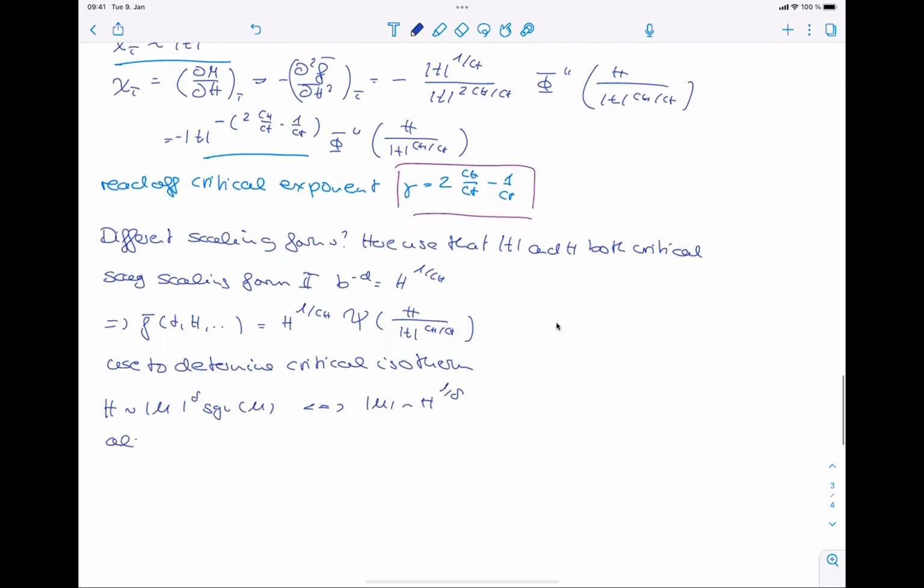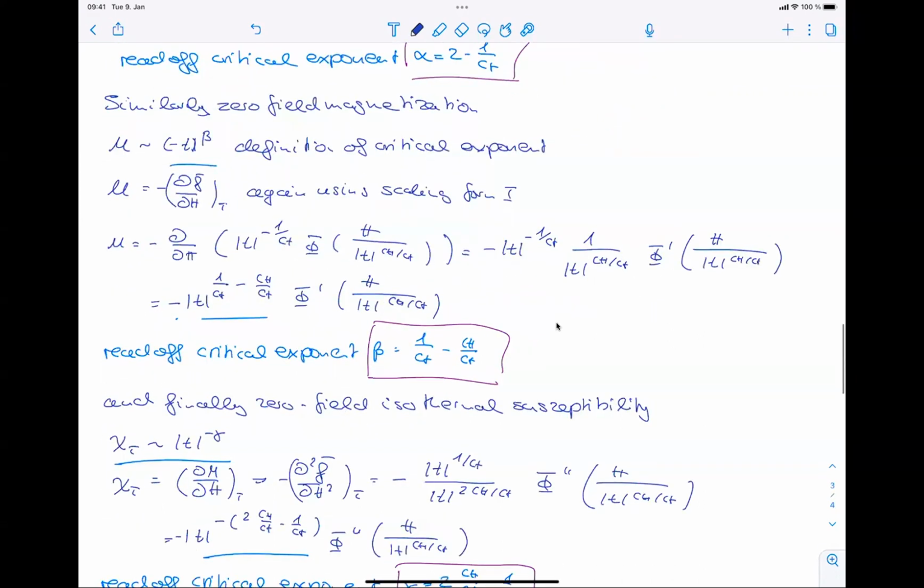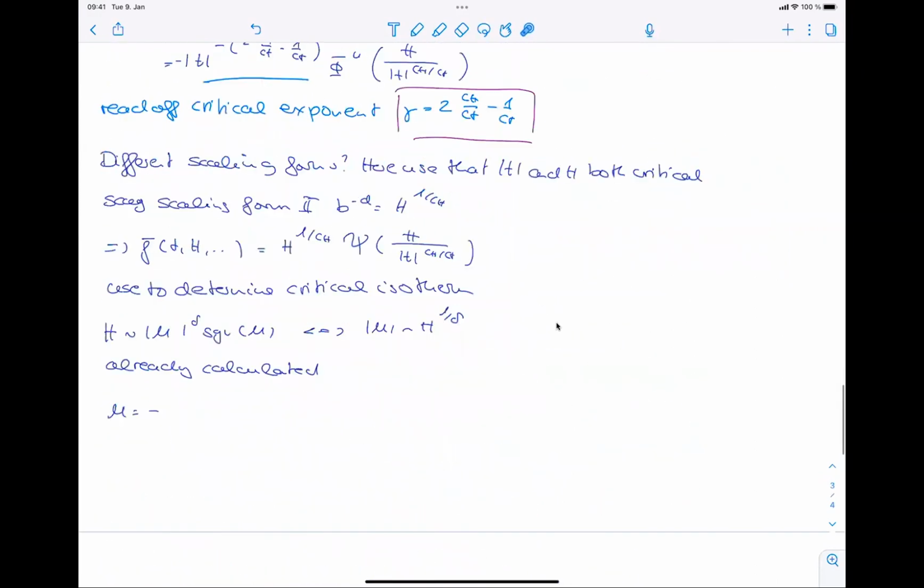And we already calculated the magnetization just above here. Copy this down.